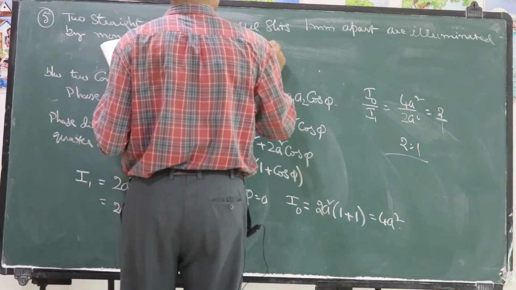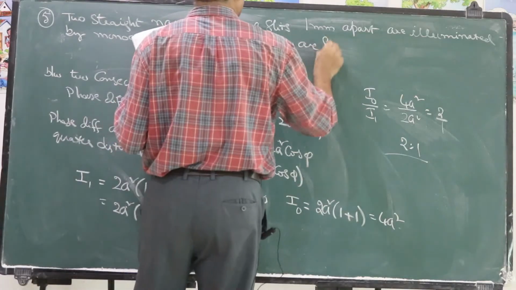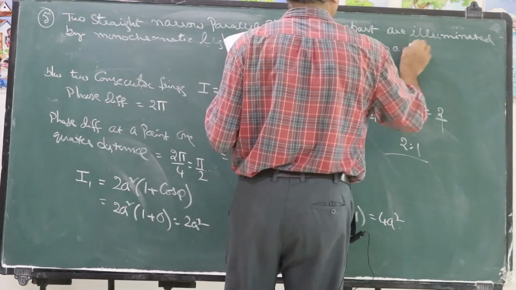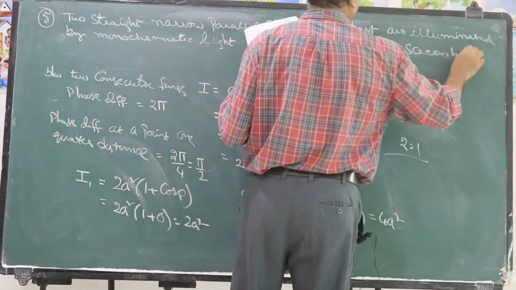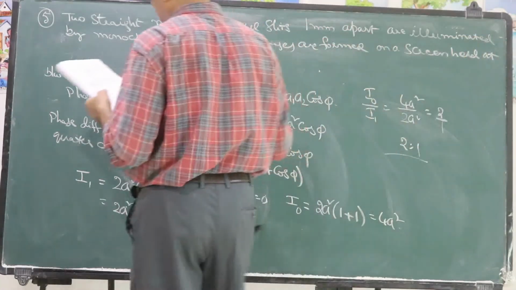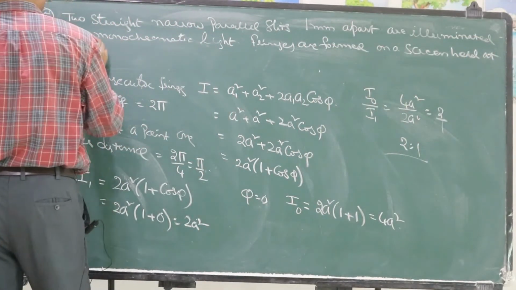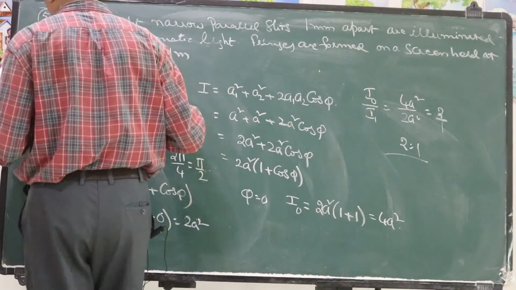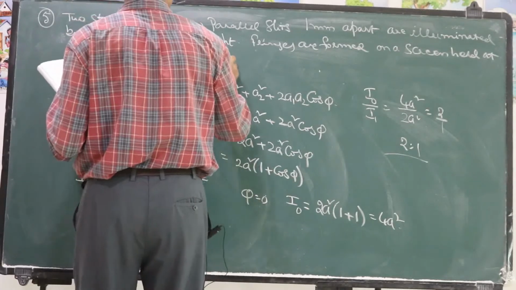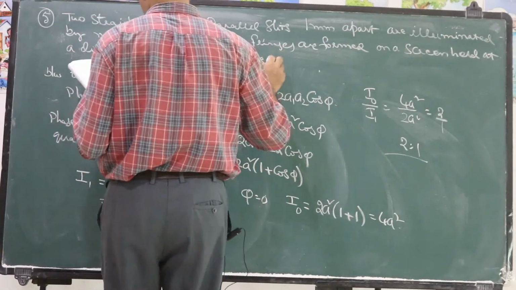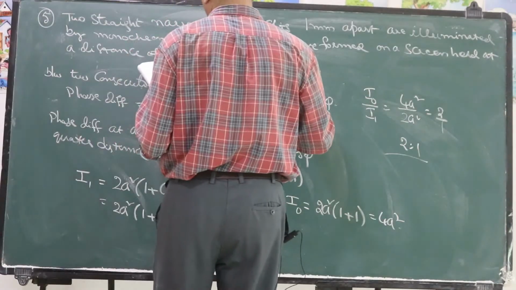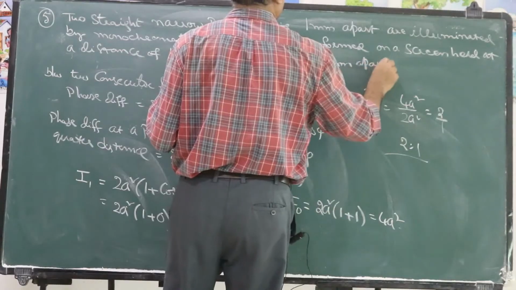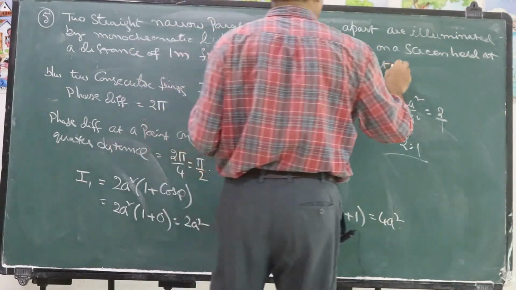Fringes are formed on a screen held at a distance of 1 meter from the slits, and the fringes are 0.5 millimeter apart. Then find the wavelength of light.